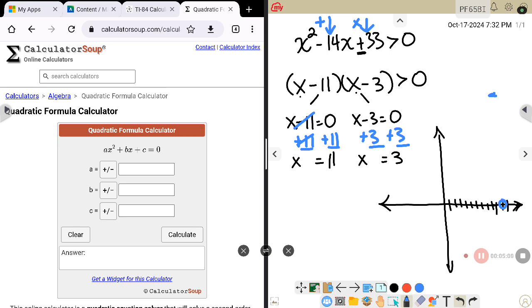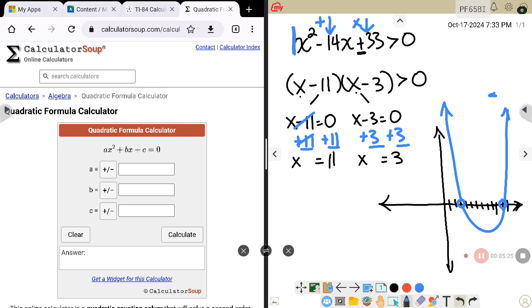And I'm making that circle open because I don't want to include the 11 because it's not greater than or equal to, it's just greater than. There's another x-intercept at positive 3. Your x squared is a positive 1, which means, again, this parabola opens up.